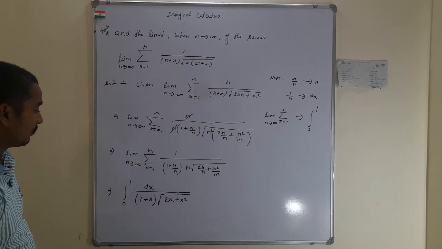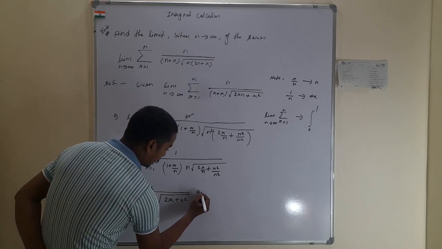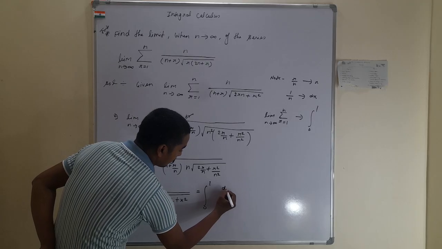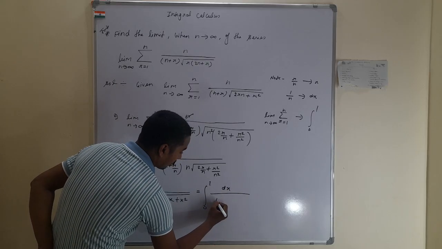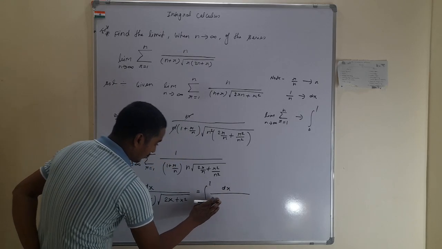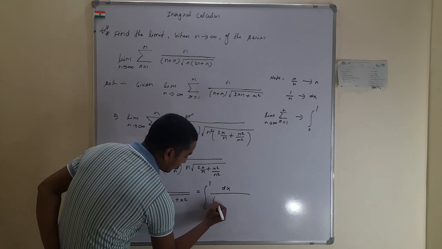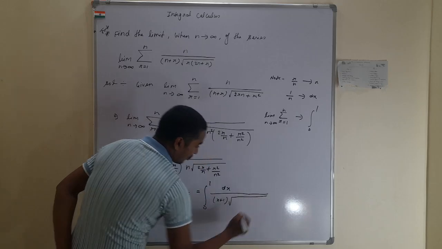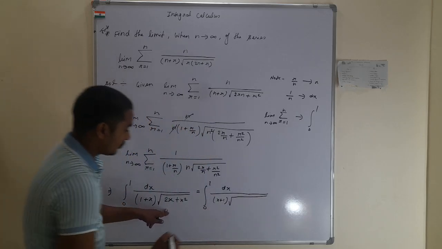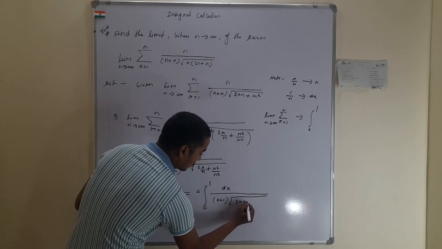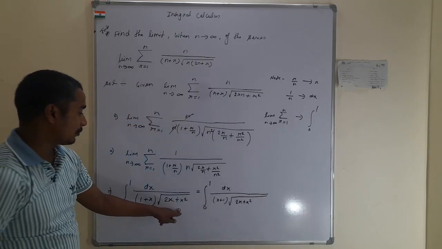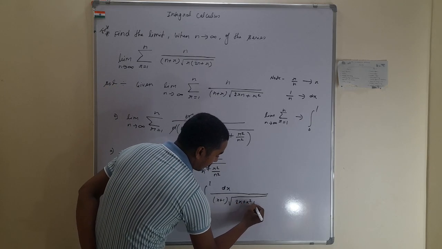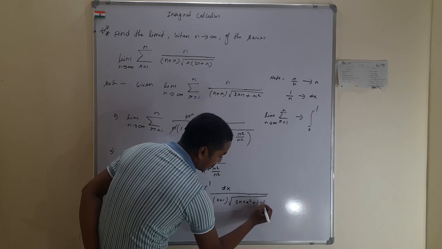We get the required answer. Here we have integral 0 to 1, dx upon 1 plus x, which is written as x plus 1, and under the root we have 2x plus x square, and here we add plus 1 and subtract 1.